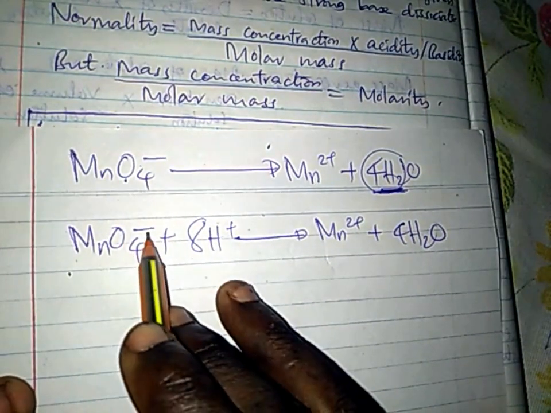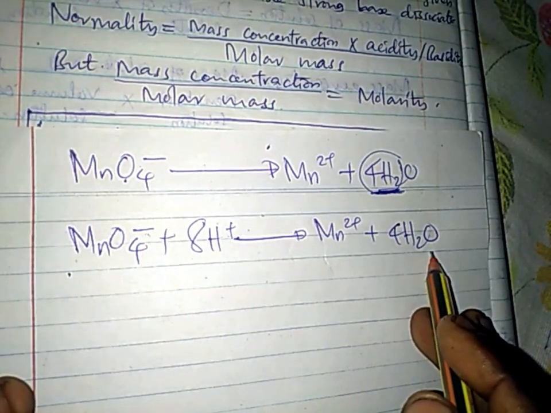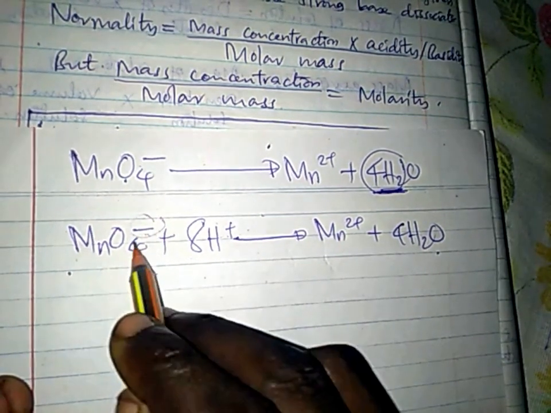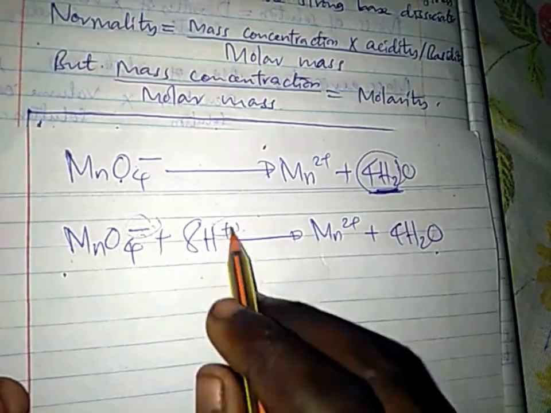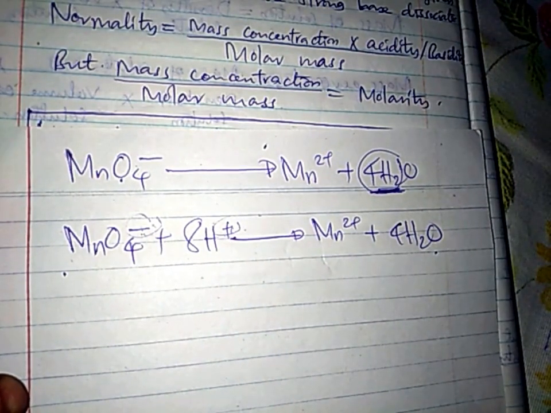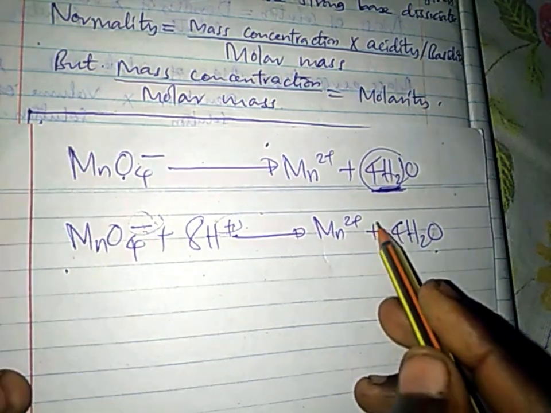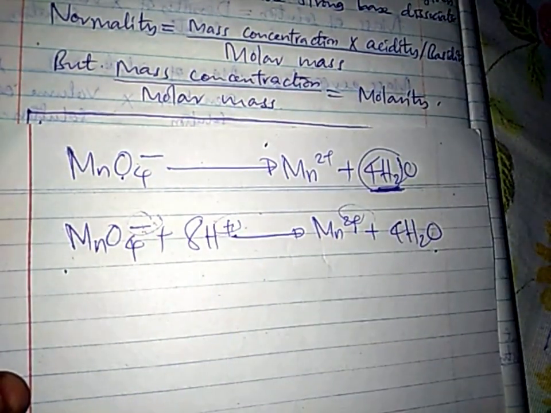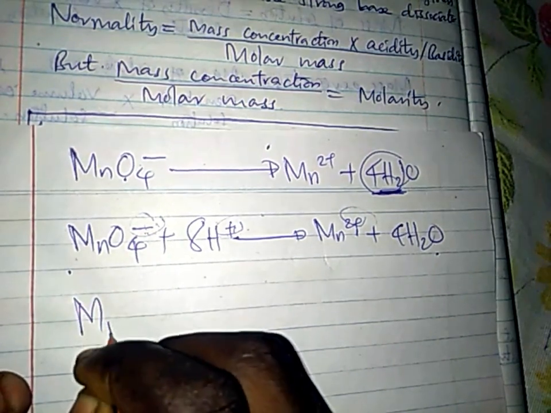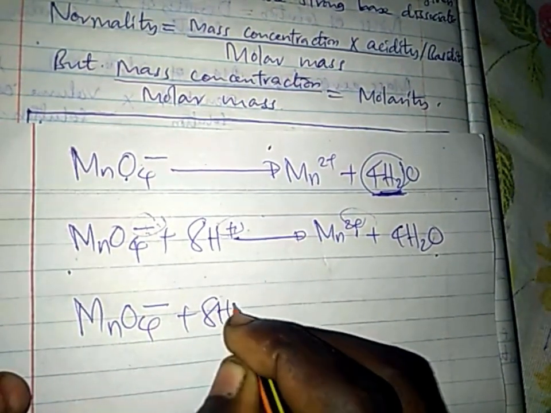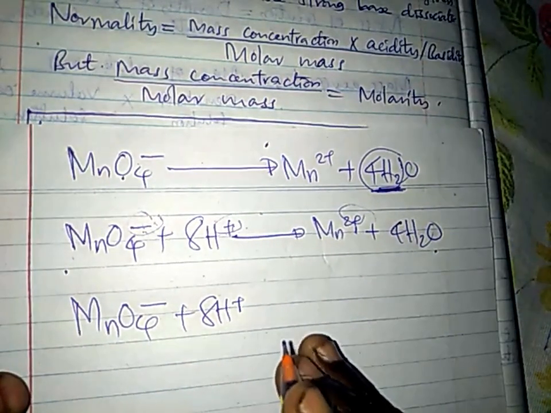Then tuna balance charge. Kwanza tumesha balance hydrogen, tukisha balance hydrogen tunaenda ku balance charge. Charge hapa ni ngapi? This is positive 1, negative 1, positive 1, positive 8. Positive 8 na negative 1 nabakia ngapi? Positive 7. This is positive 2. Tunahitaji ngapi? 5. So it will be manganese O4 negative plus 8 H positive. Tunahitaji ngapi?